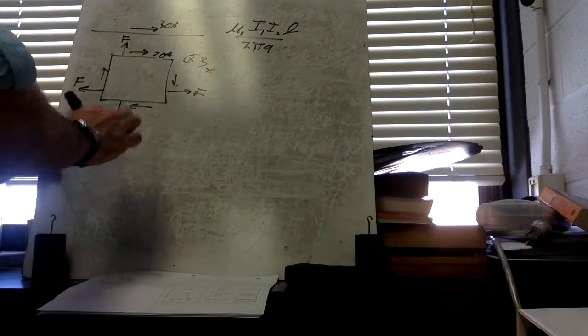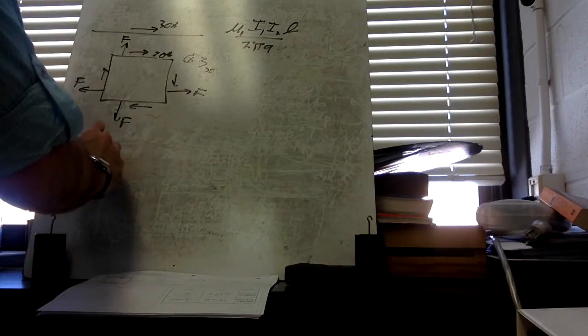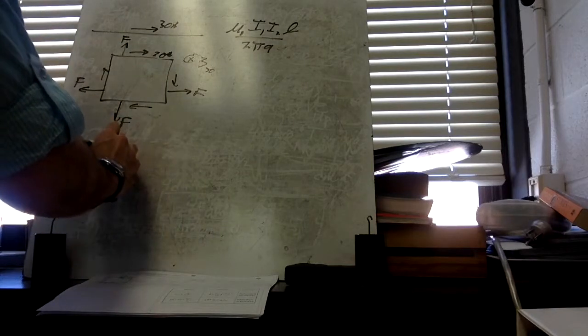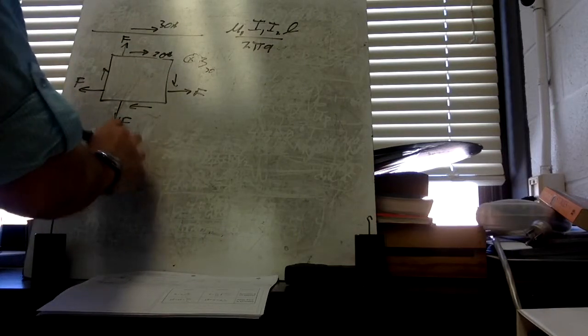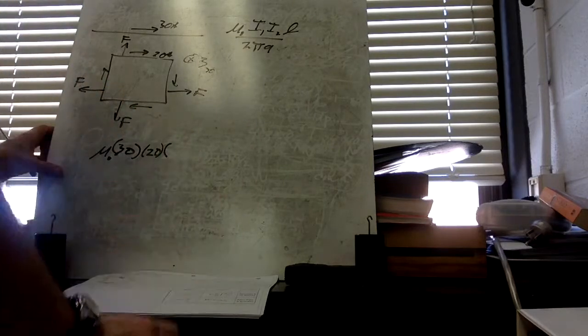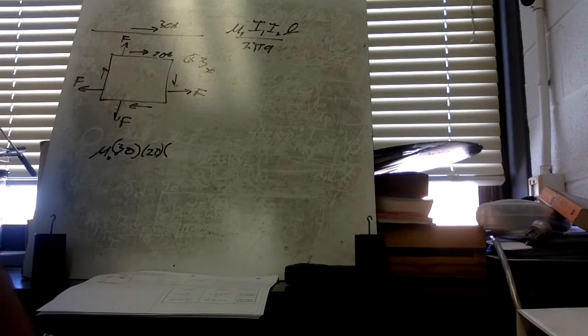Okay, so I'm going to do the force at the top minus the force on the bottom, and so it's going to be mu naught, let's see, 30 times 20 times, now for the top this is 10 centimeters.